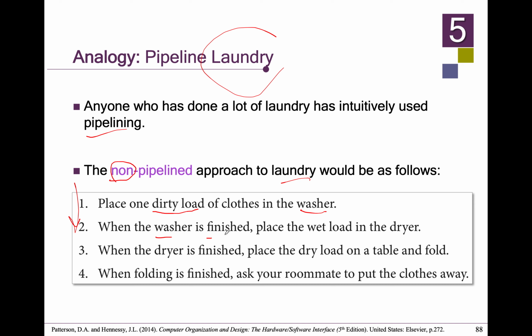Second, when the washer is finished, you place the wet clothes in the dryer. After the dryer finishes, you place the dried load on the table and fold it. When folding is finished, you put the clothes away, or bring them back to your room and put them in your wardrobe. That is the normal flow in the non-pipeline approach.